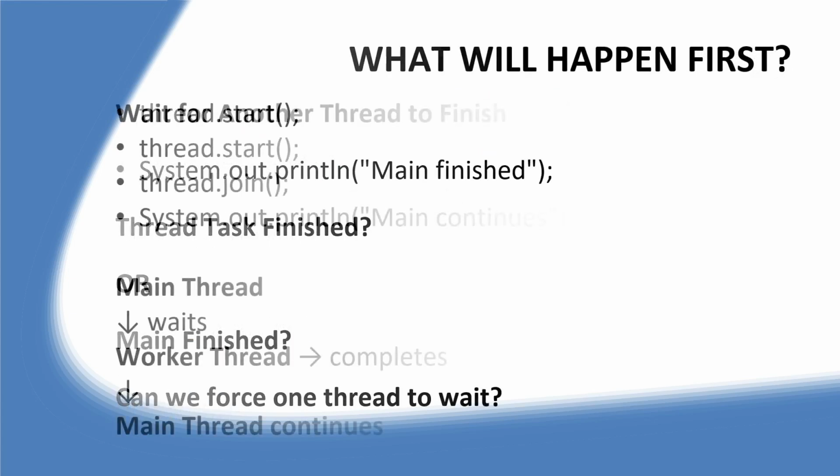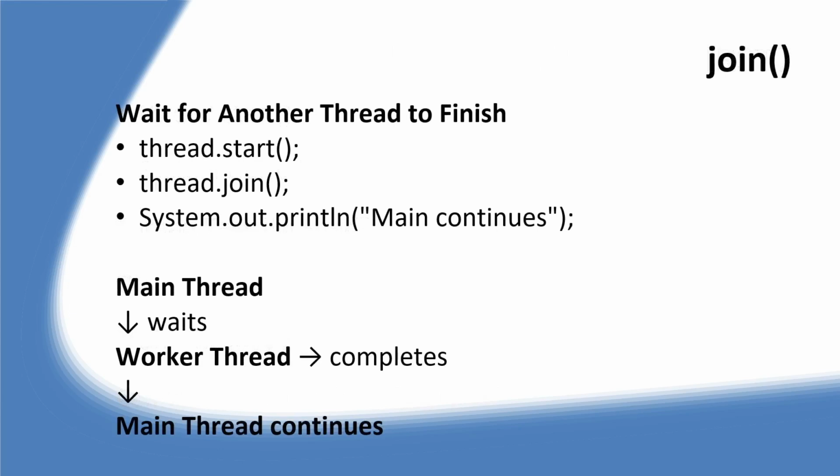We have seen this thing. The join method allows one thread to wait for another thread to terminate. Think of it like this, suppose you have the main thread running, and somewhere in the main thread you call, let's say, t1.join.